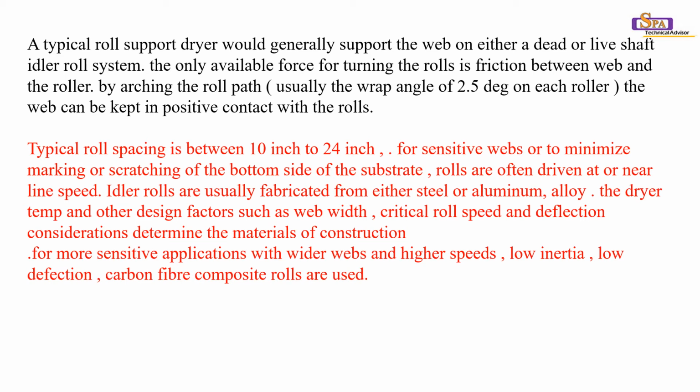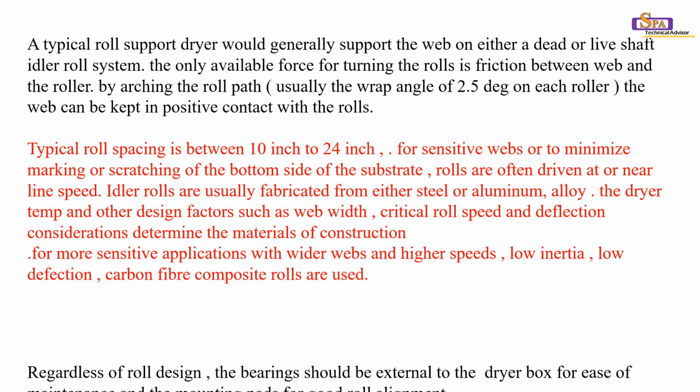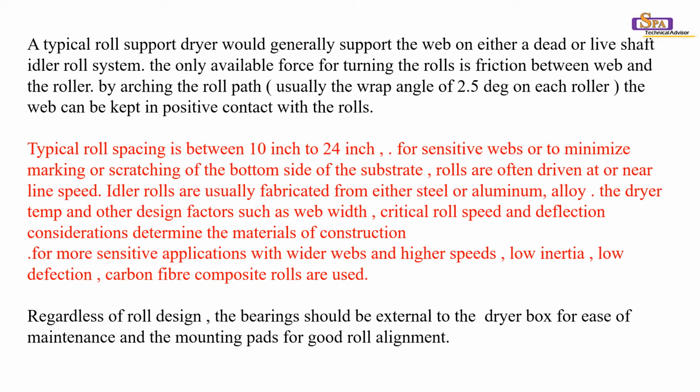Low inertia, low deflection, carbon fiber composite rolls also can be used. Regardless of roll design, the bearings should be external to the dryer box for ease of maintenance, and the mounting pads for good roll alignment.